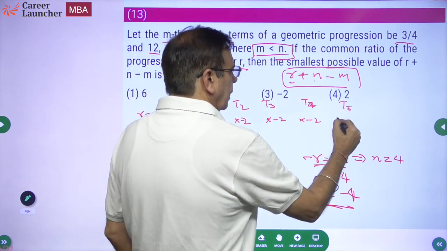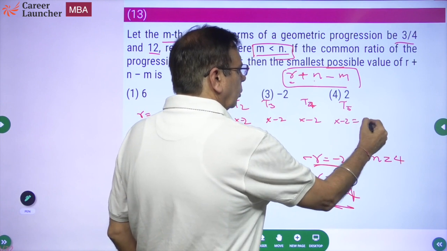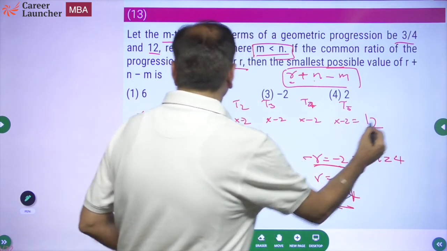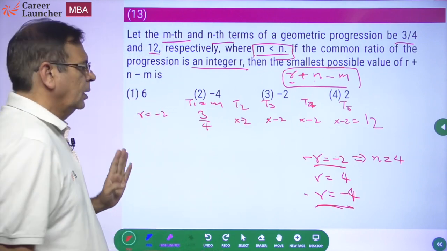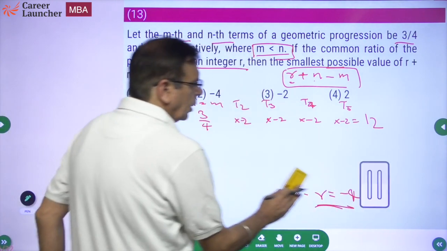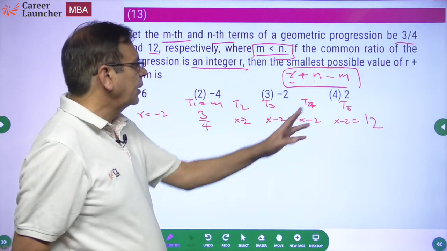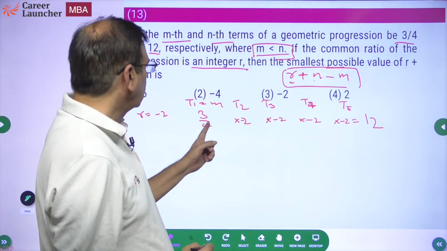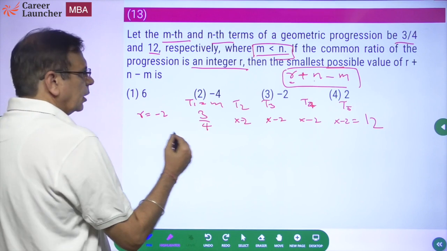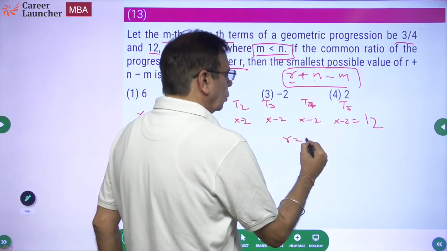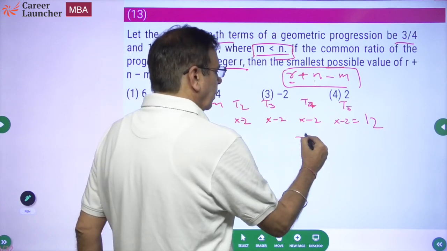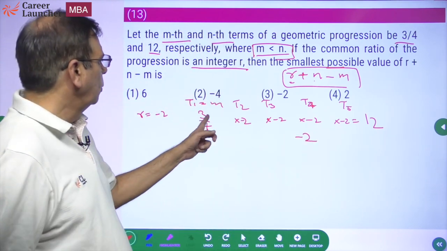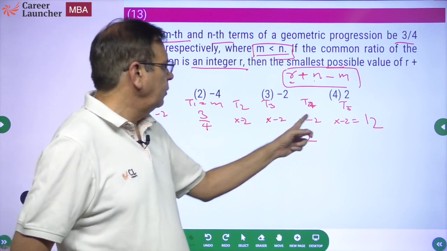And the fifth term will be into minus 2, which will be equal to 12. 3 by 4 into 16 is equal to 12. So what does this tell me? What we are looking for is r plus n minus m. In this case, r is minus 2, n is equal to 1, 2, 3, 4, 5.